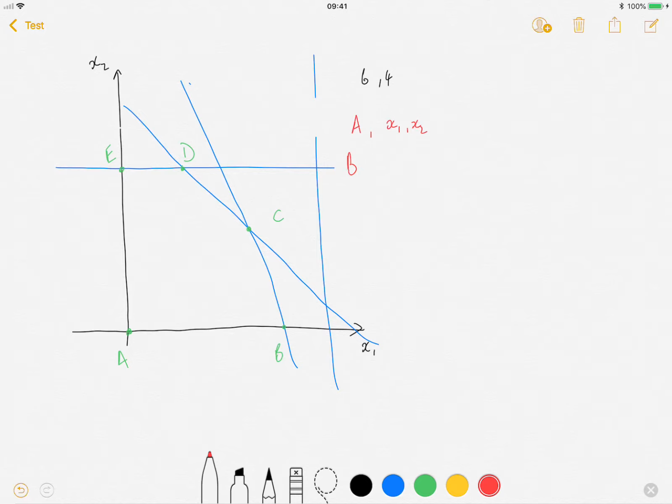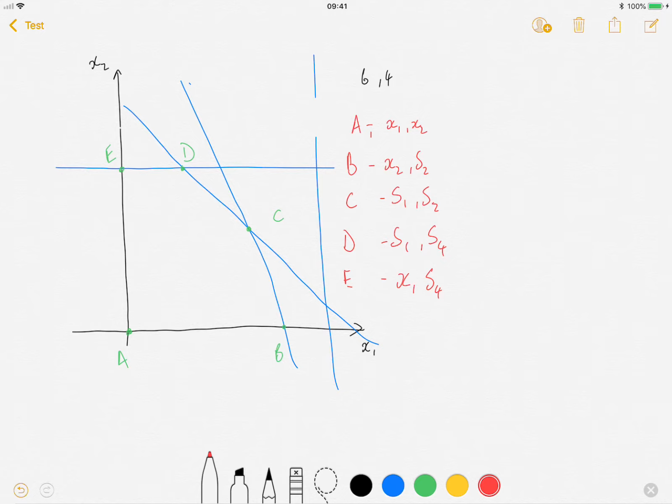At B, we set x2 and s2 equal to 0 in order to solve our equation. And we can carry on, C being s1 and s2, D being s1 and s4, and E x1 and s4. If you can't see that, I suggest you relook at our equations from the previous system and try to figure out what variables you would need to set to 0 at each of these extreme points in order to find the feasible solution.